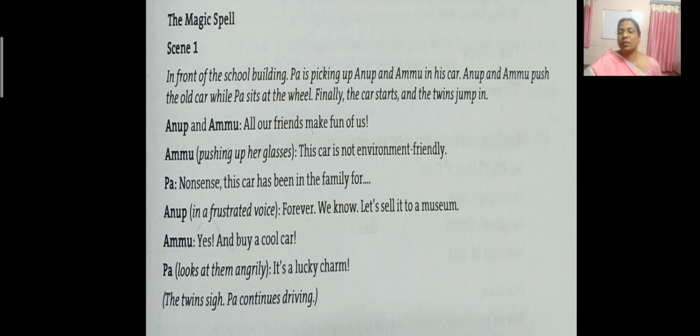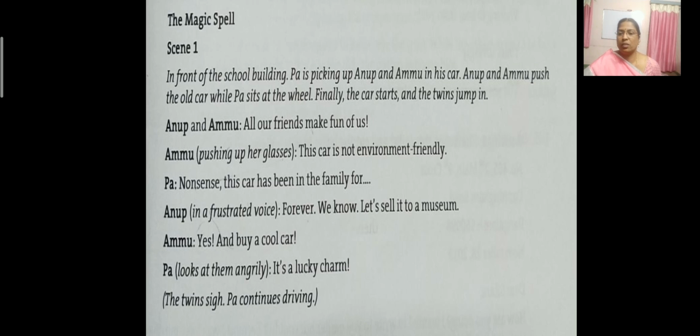All our friends make fun of us. This is the dialogue said by Anup and Amu. Clear? Here you don't have any quotation marks. In a play, you will come across the character at the beginning of the line. Now you can see the next one. Anup, in a frustrated voice.